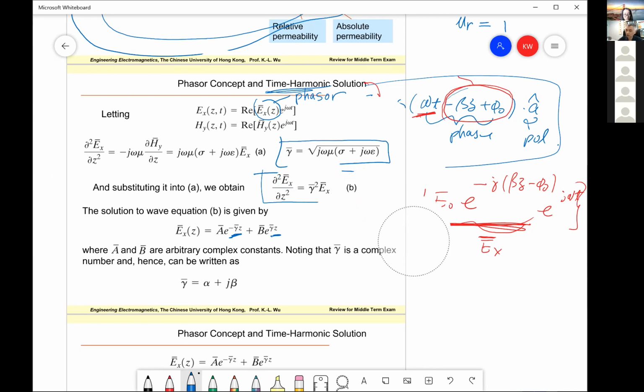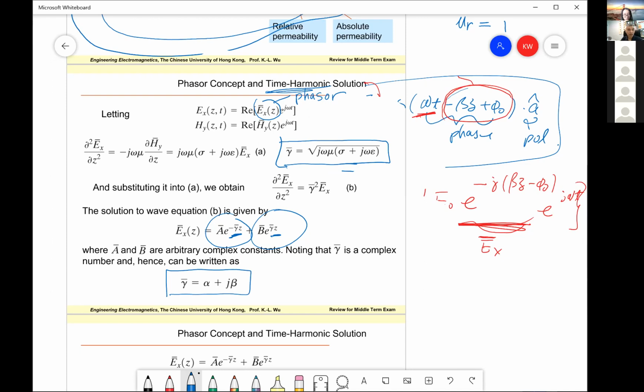So for the wave equation, you have two solutions. One is propagating in that direction. One is propagating in the minus direction, right? Since gamma obviously is a complex number, I can write gamma into real part and imaginary part. And I had a question before we started today: how to determine alpha and beta.